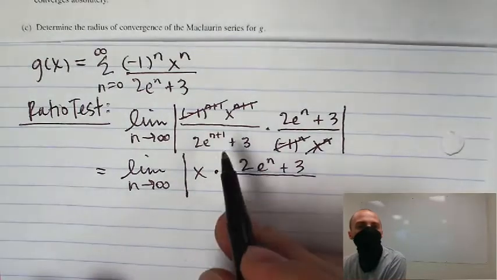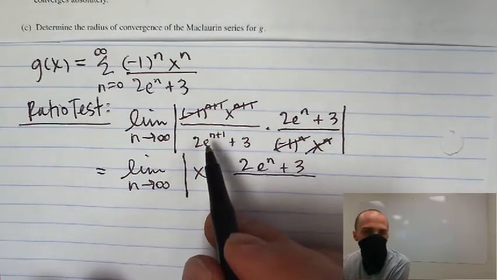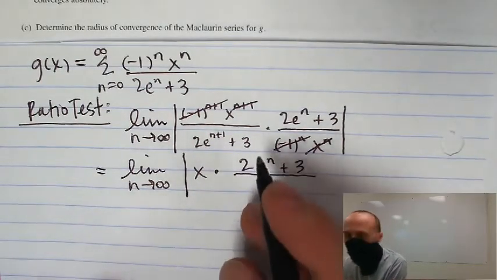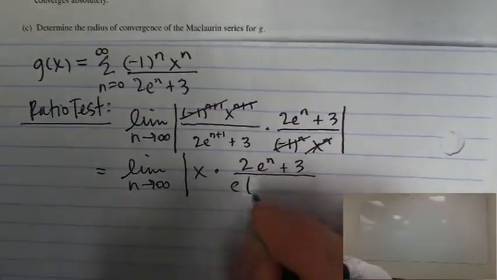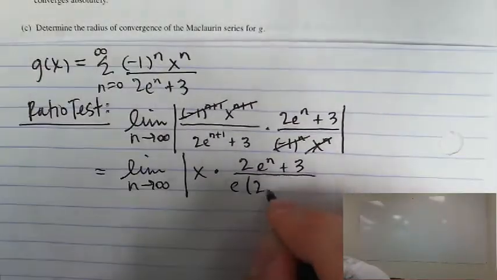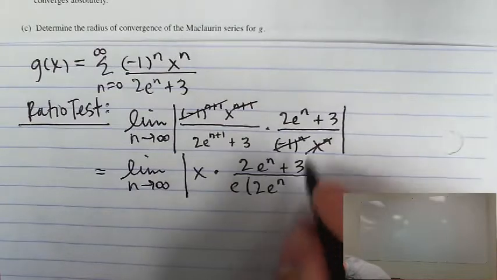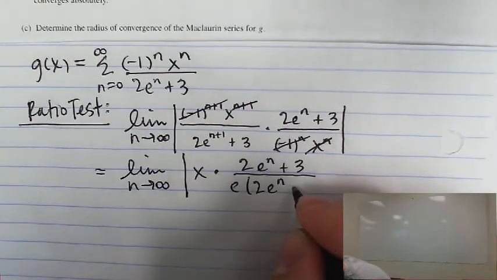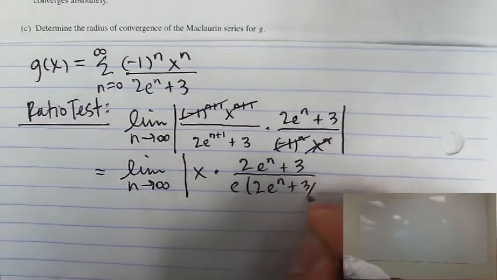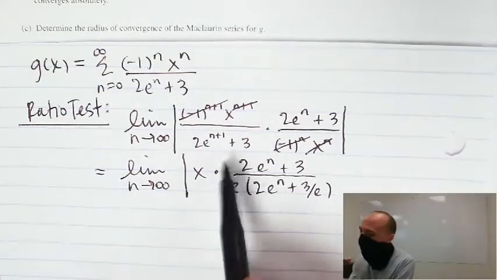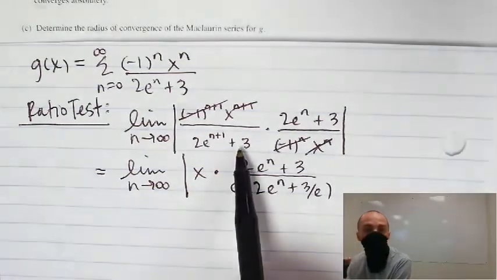I might factor out a power of e over here and write this as 2e to the n plus 3 divided by e, when I factor out 1 power of e from there.